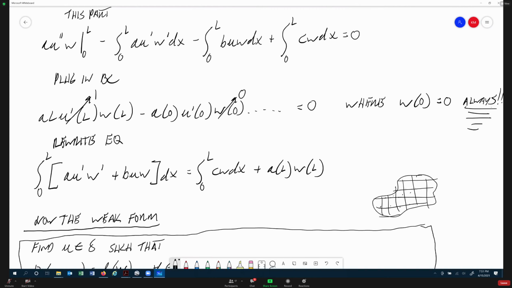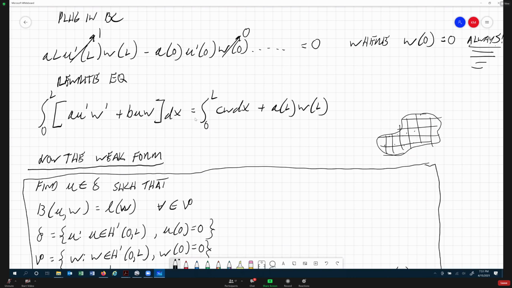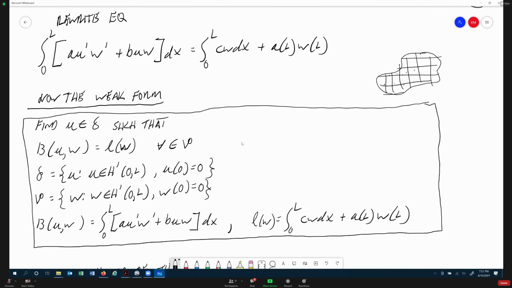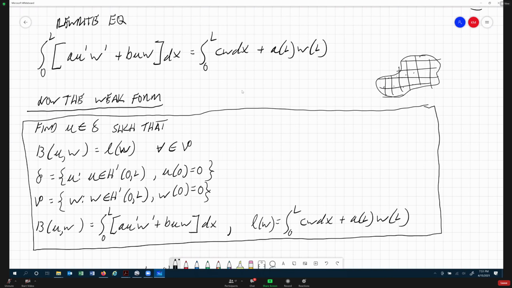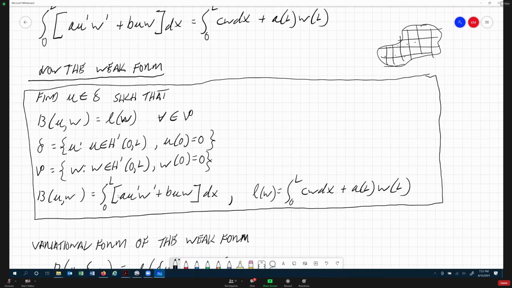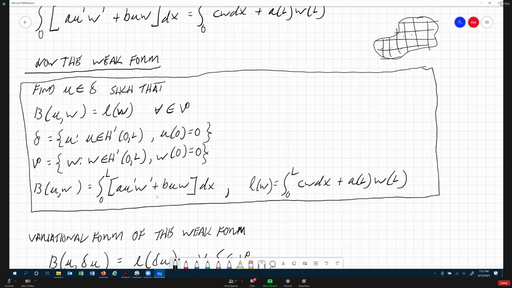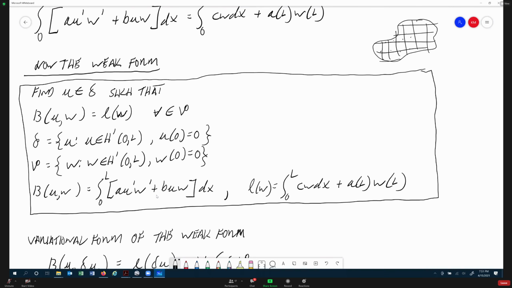We have this weight function in it. We've now taken our derivatives and integrated, and we find this weak form of the solution. We're breaking it up into 2 parts. The first part, A u prime, w prime, is weighted.